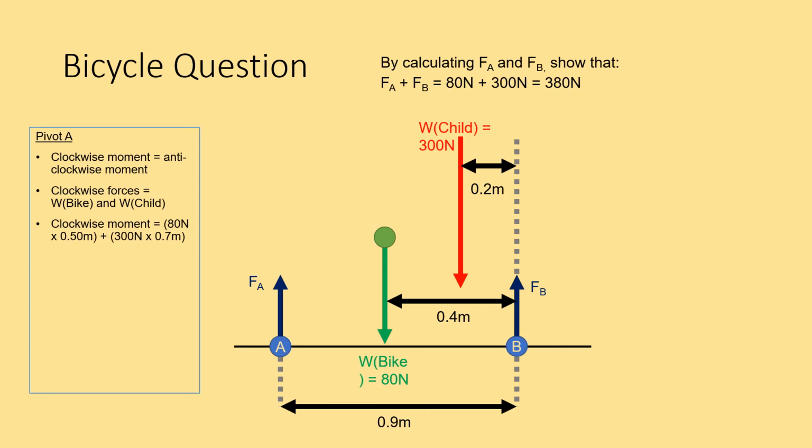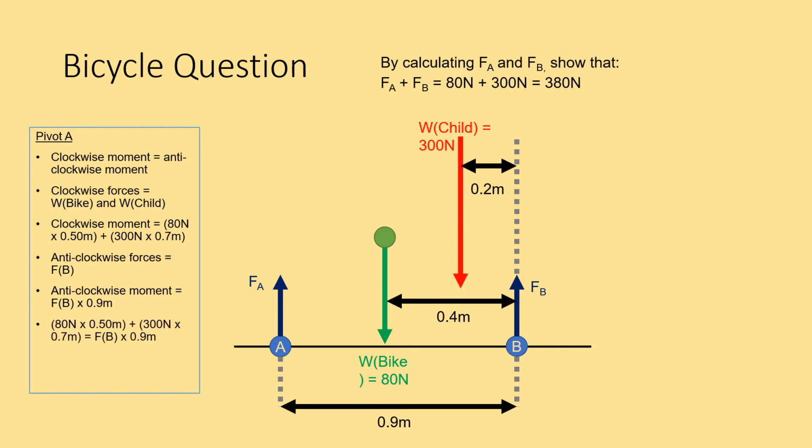The clockwise moment, therefore, is 80 newtons times half a meter, plus the 300 newtons times 0.7 meters. The anti-clockwise force is force B, the contact force on the back of the bike, and the anti-clockwise moment is force B multiplied by 0.9 meters away from that first pivot.